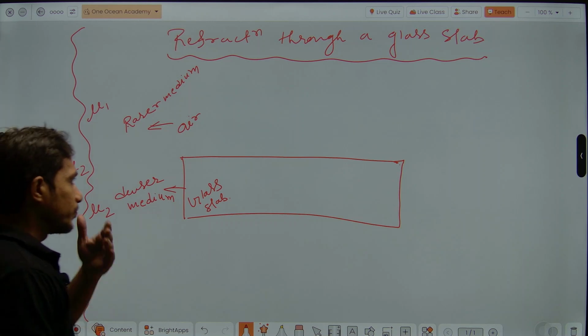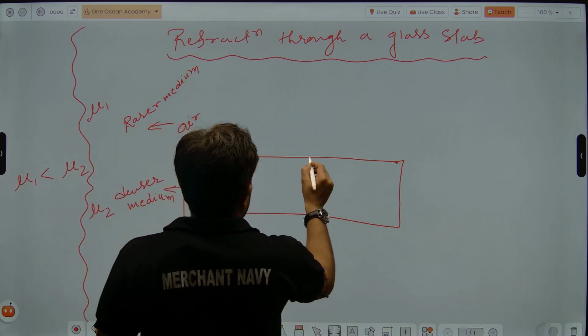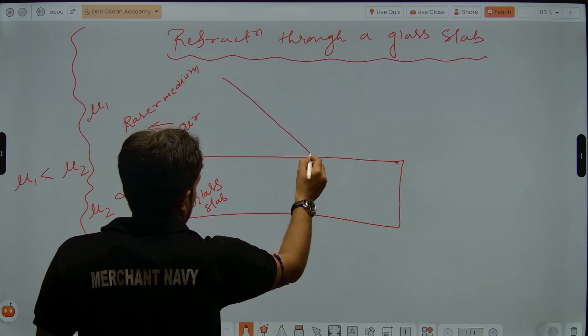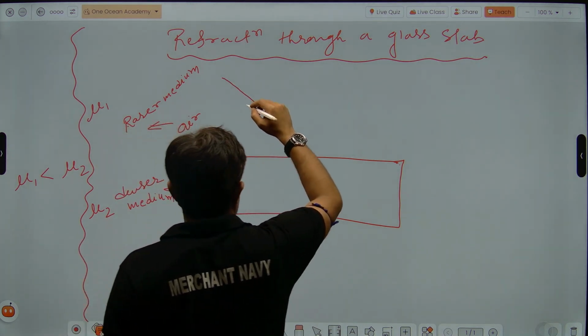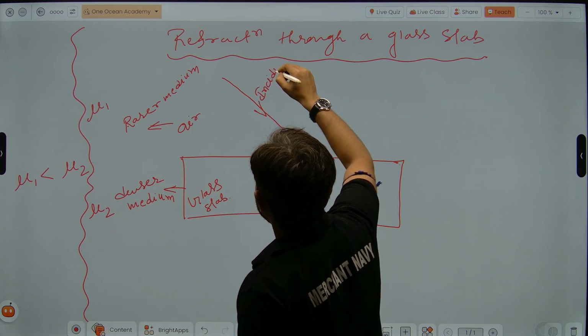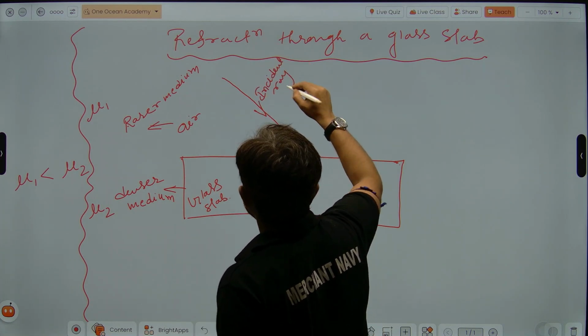Now, suppose a ray of light is coming from the rarer medium. The coming light is known as the incident ray.